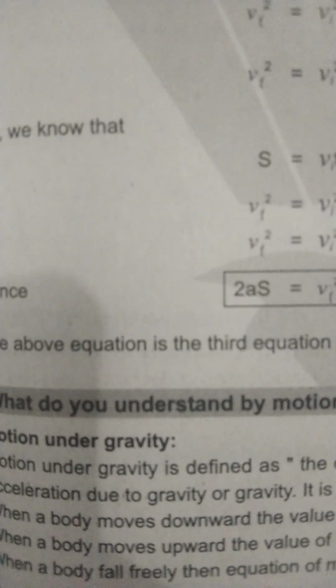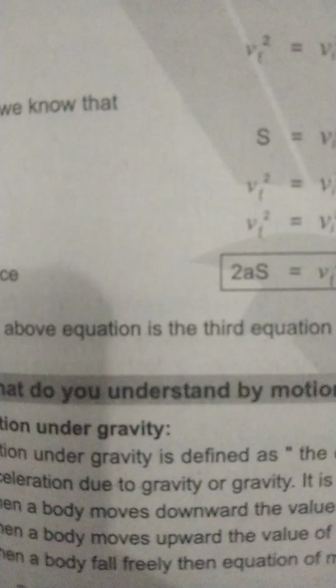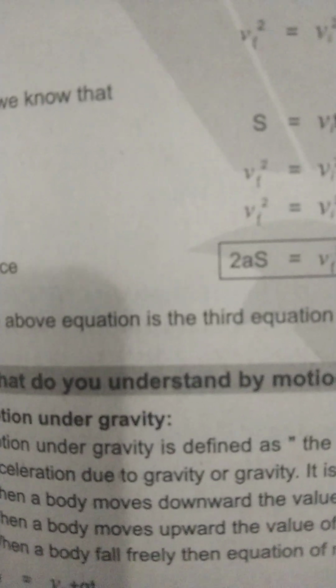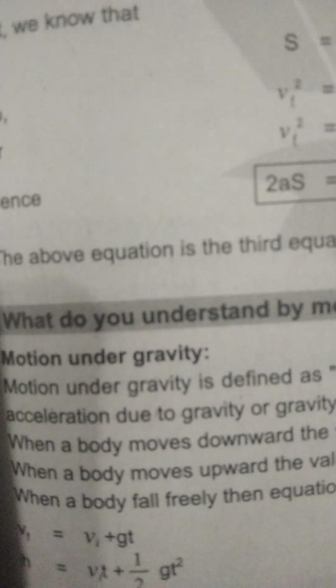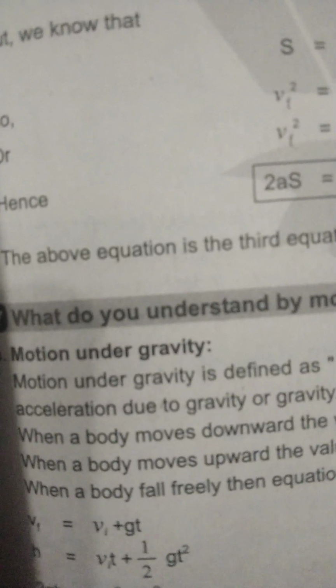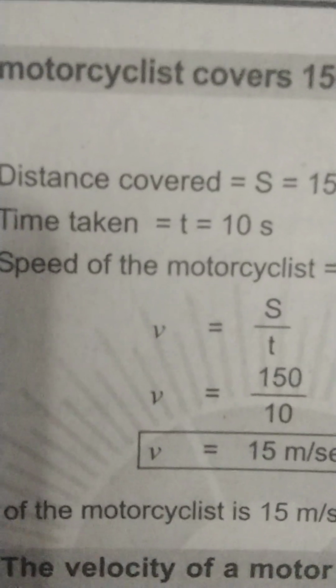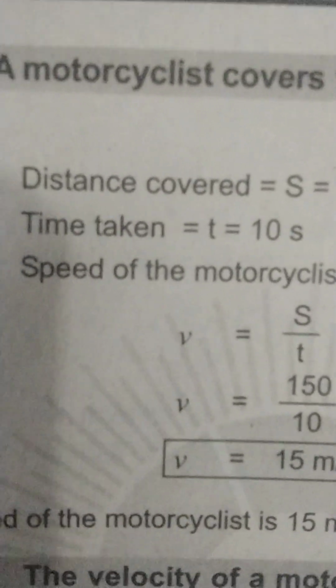This g is taken as 9.8, or somewhere you will see 10, just rounding off, 10 meter per second square. So this is the common one, and the formula is the same: vf is equal to vi plus gt.